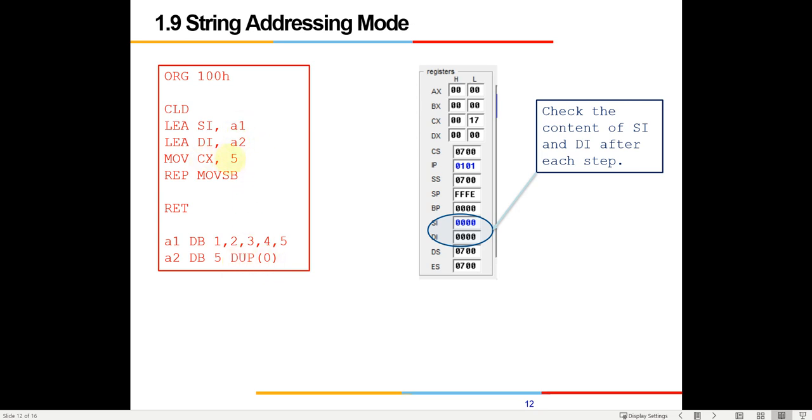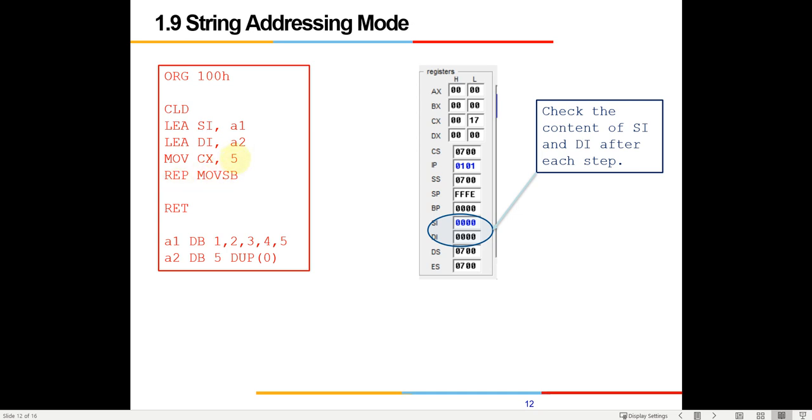And then you can move CX, 5, and write MOVSB. What does MOVSB do? This is the string addressing mode. It is going to move the data from the source and put it into the destination, repeating 5 times.